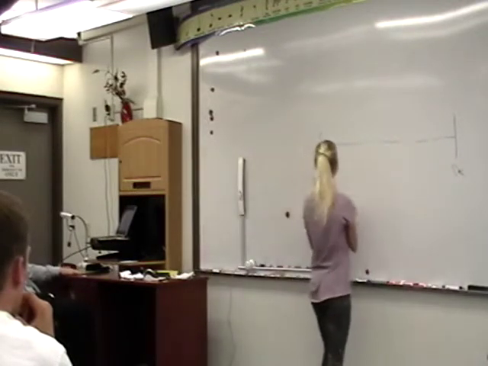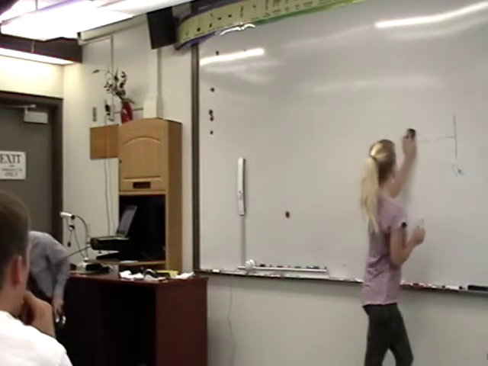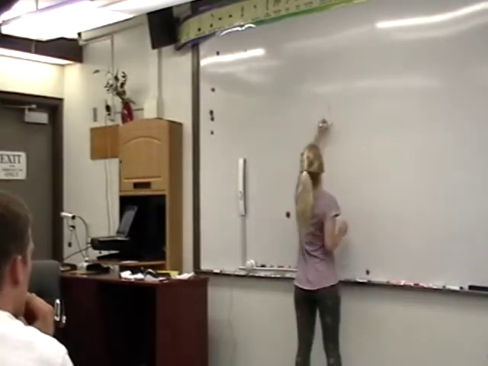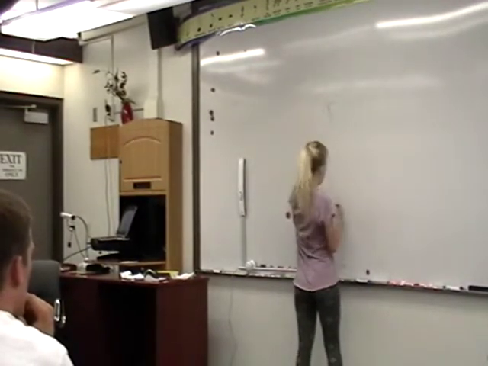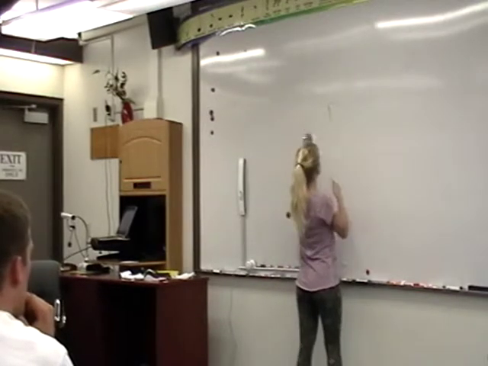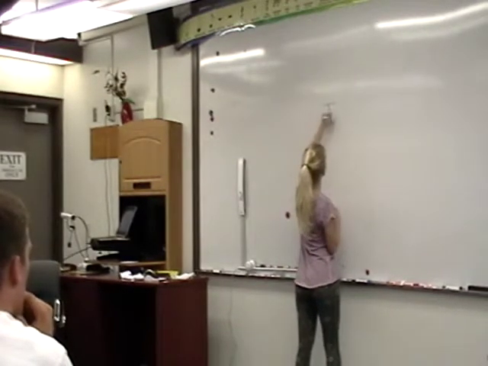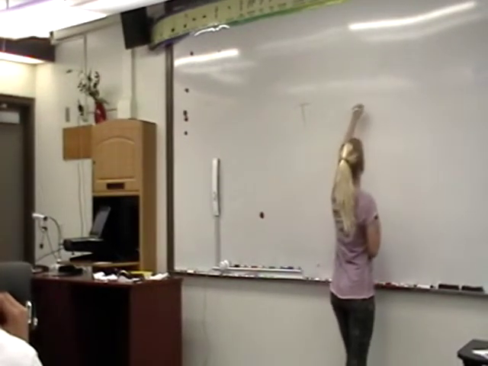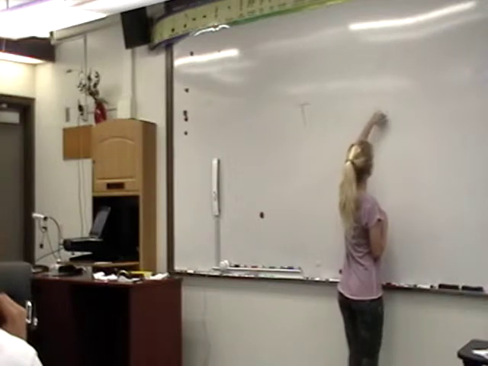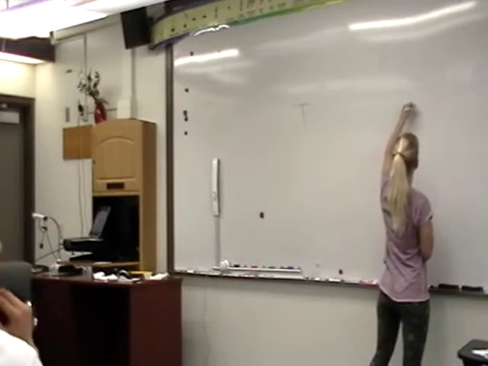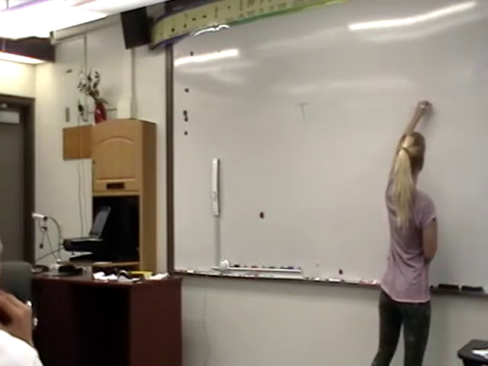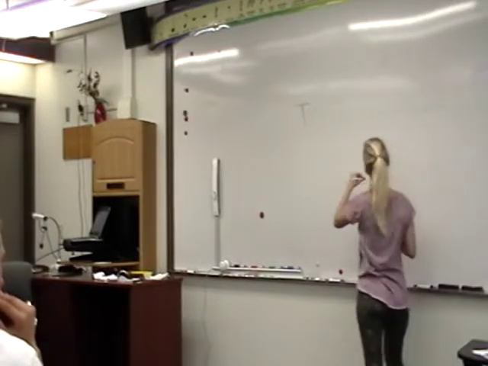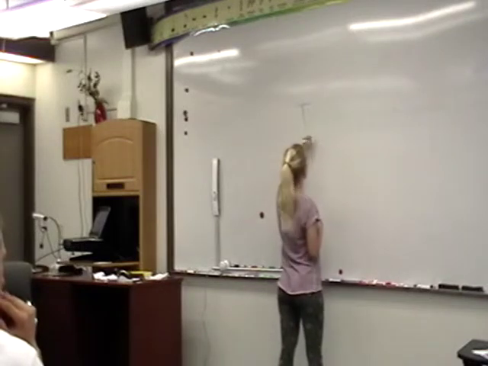So I'm going to write it here. The definition of a timeline we're going to be working with today: a timeline is a way to organize events in order.